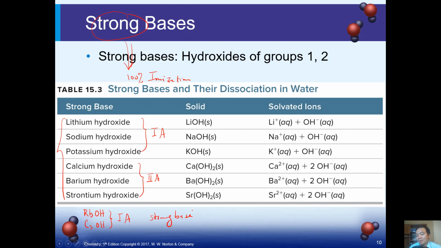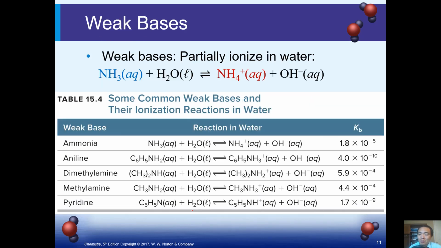What about weak bases? The examples for weak bases are usually based on ammonia or derivatives of ammonia. For example, when ammonia reacts with water, remember, all bases, when you react with water, the base itself is going to pick up a hydrogen ion.